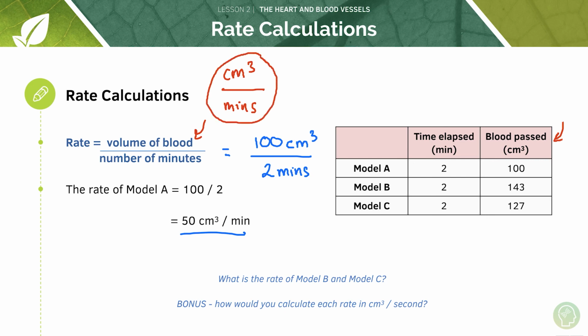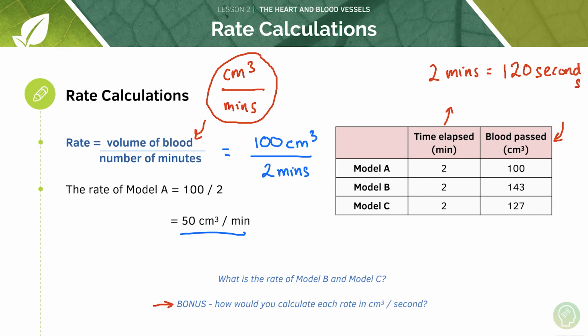But how would you calculate each rate in centimetres cubed per second? Well, all you'd have to do is convert this into seconds. So 2 minutes is equivalent to 120 seconds.